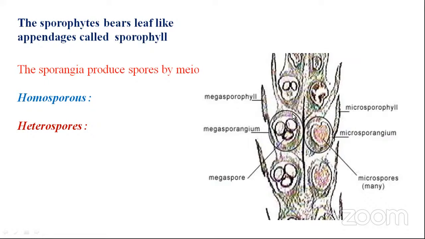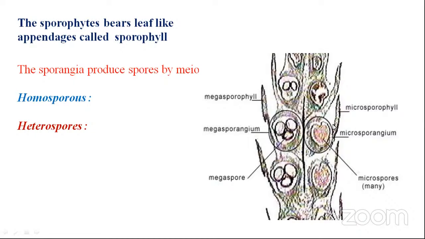Example, in Selaginella, you can find heterospores. See, the larger single spores are called megaspores. This is the megasporangium. Within the megasporangium, the megaspore is present. Megaspore is nothing but the egg, a very large sized egg.